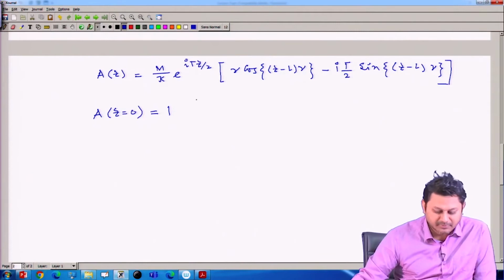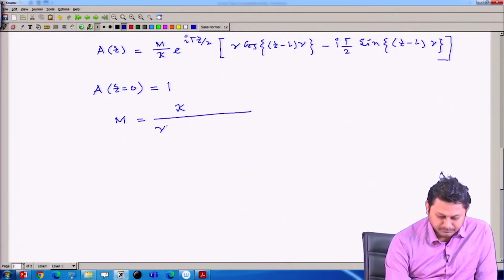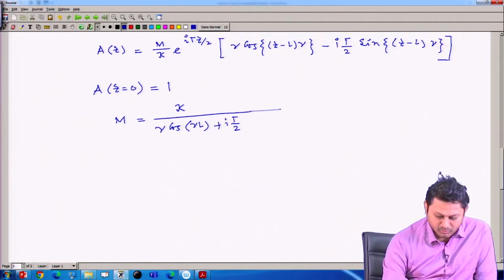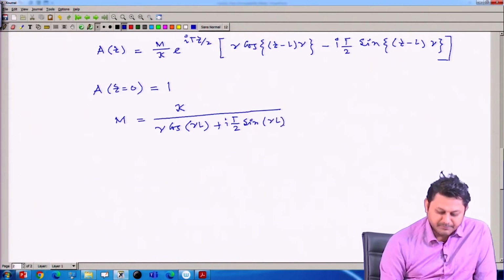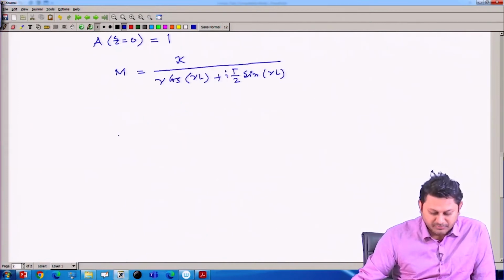We considered that from the very beginning, and then M should have a form like this, cos of gamma L plus I big gamma divided by 2, then sine of gamma L. That is the value of M.